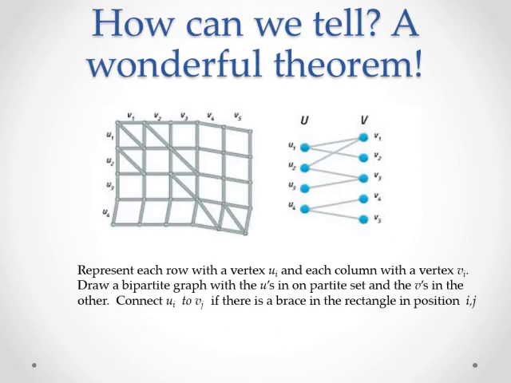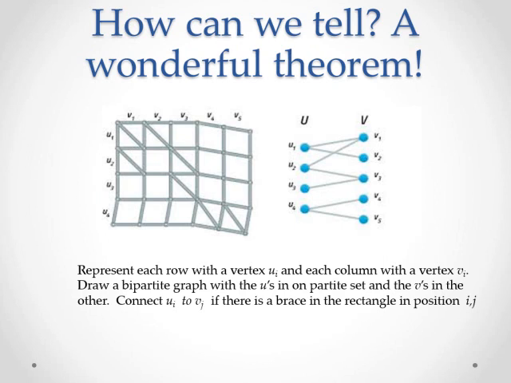Fortunately, we have an absolutely wonderful theorem that can tell us whether or not a framework is rigid. First, we have to construct what's called the associated bipartite graph. So we're going to label each row with u sub i. In this case, there are 4 rows, so we have u sub 1, u sub 2, u sub 3, and u sub 4.